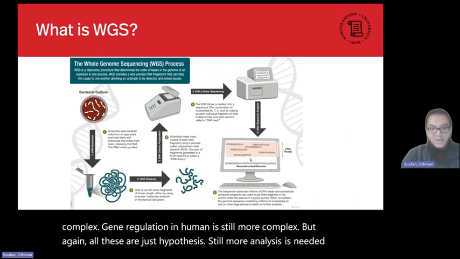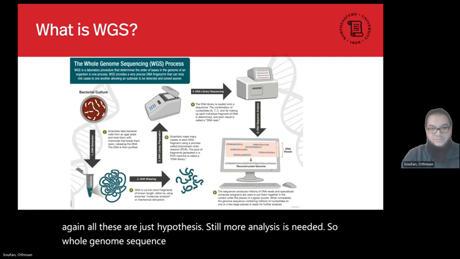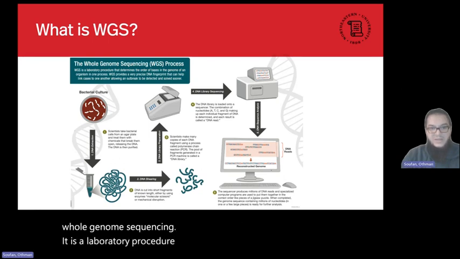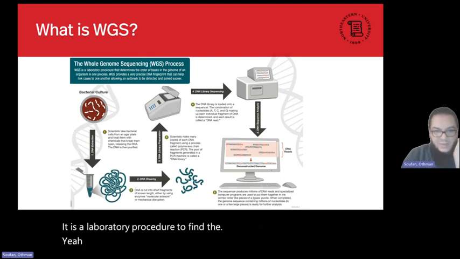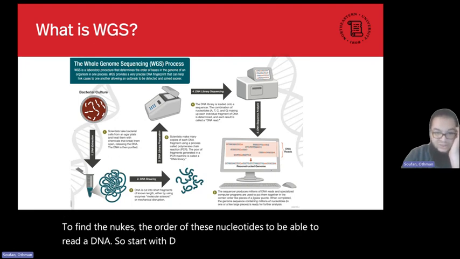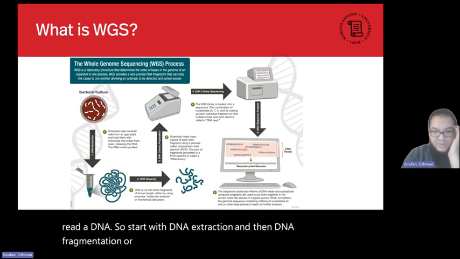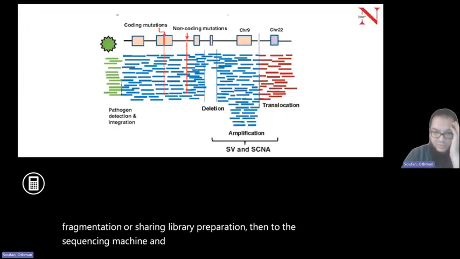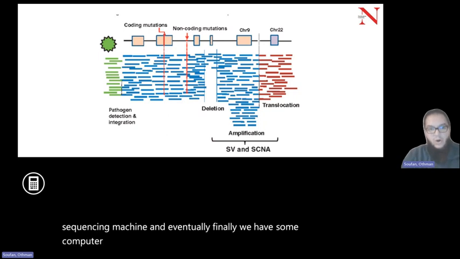So whole genome sequencing is a laboratory procedure to find the order of the nucleotides, to be able to read DNA. So start with DNA extraction, then DNA fragmentation or shearing, library preparation, then to the sequencing machine, and finally we have some computer program to run over this.